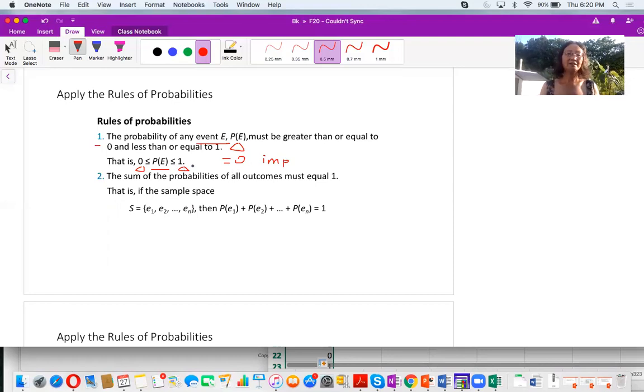On the other hand, if the probability is equal to 1, we call that event a certainty. Okay, so we all die at the end of the day. That is a certainty. Death is a certainty.